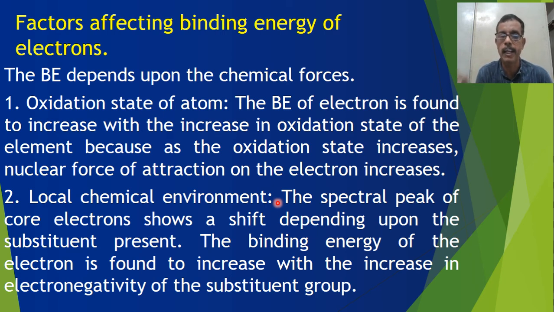That's one factor. The second factor is the local chemical environment. The peak will depend upon the substituent atom present. The binding energy of the electron is found to increase with the increase in the electronegativity of the substituent groups. As the electronegativity of the attached group increases, the binding energy also increases.